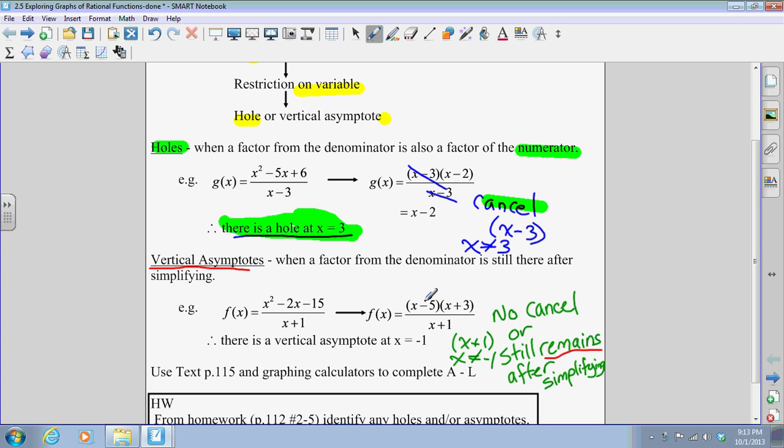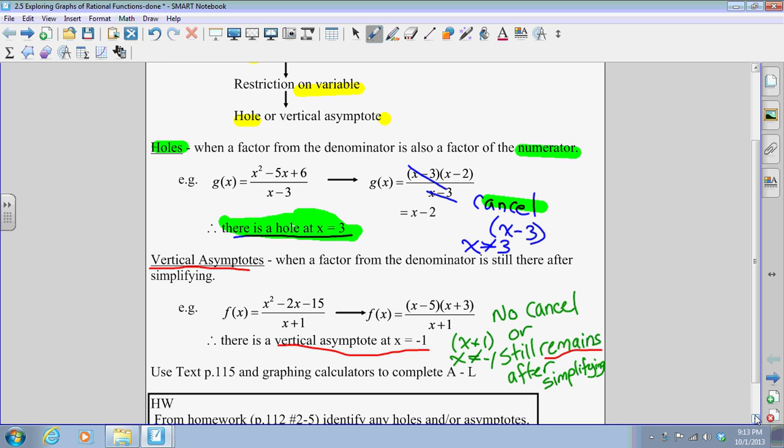So in this case, there was no canceling, but what's left over is the bottom. So take a look at the denominator. Again, the denominator cannot be equal to 0, and since it remains, you let it equal 0, and x cannot equal negative 1. So what does that mean, ladies and gentlemen? There's a vertical asymptote, or VA, at x equals negative 1.